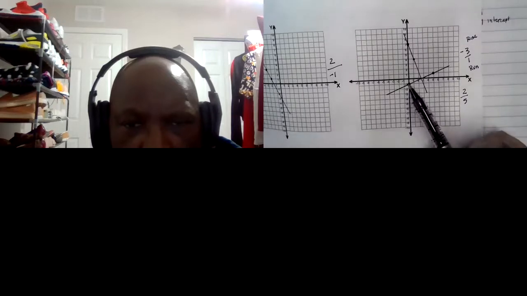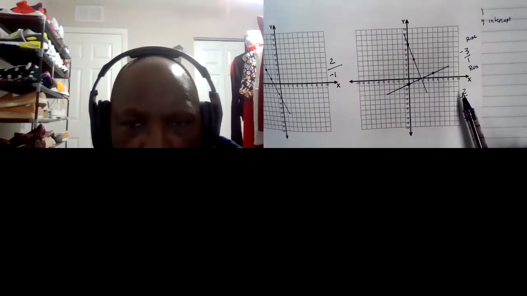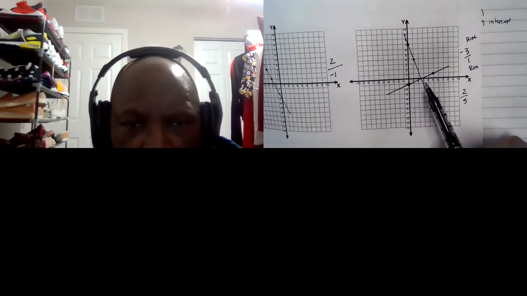And then you can check your work. Between this coordinate and this one, we've got 2 spaces on the y line. That's your rise. And on the horizontal, we've got 1, 2, 3, 4, 5. 5 spaces. That's your run.